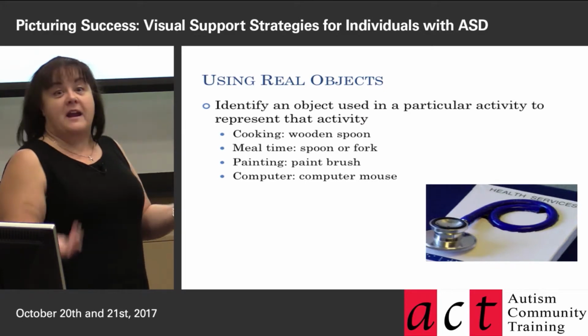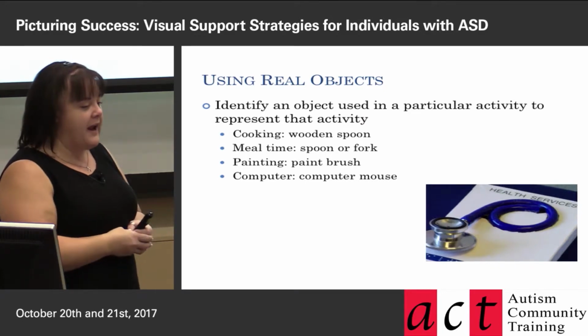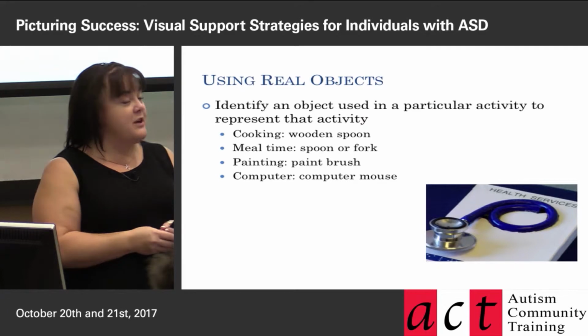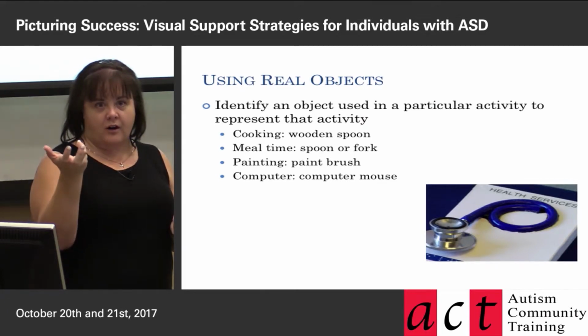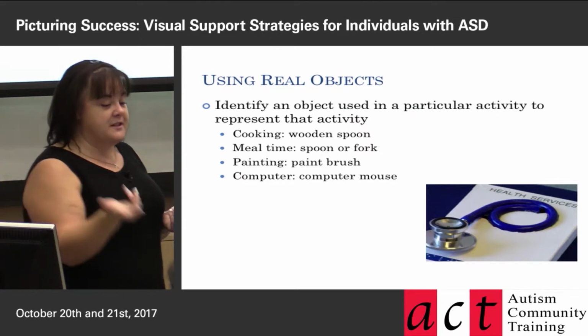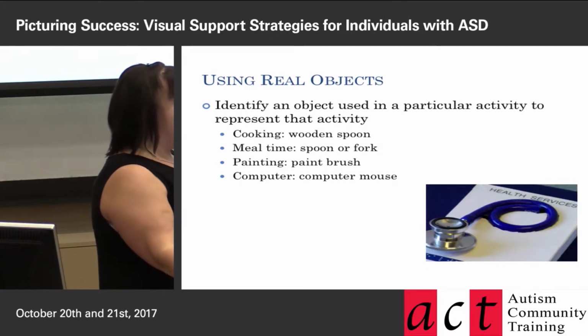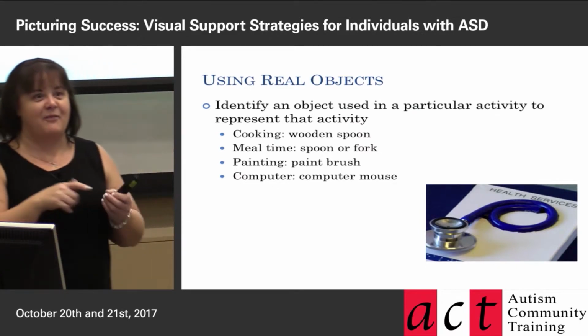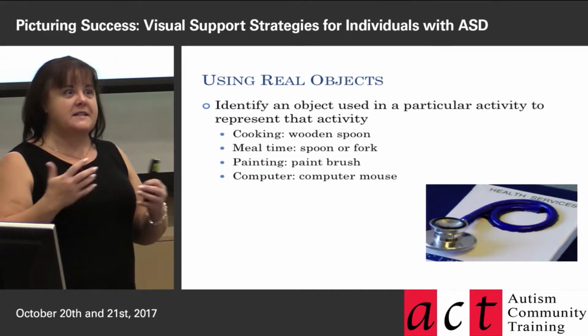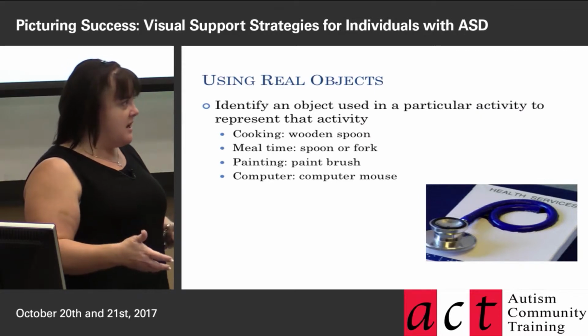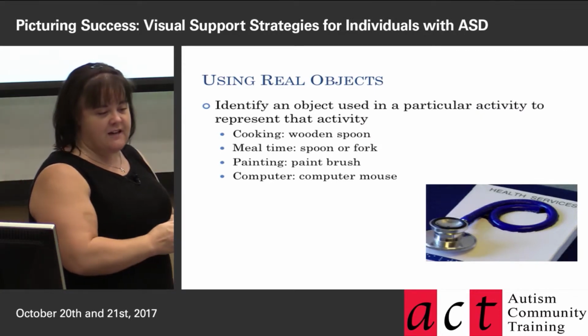For painting, a paintbrush. Computer, get an old computer mouse, cut the cord off, and the mouse is the cue for computer. I've had people get an old keyboard, pop off a couple of keys and mount the keys on a card. So you get creative and think about what's gonna make the most sense to this person and represent the activity well, okay?